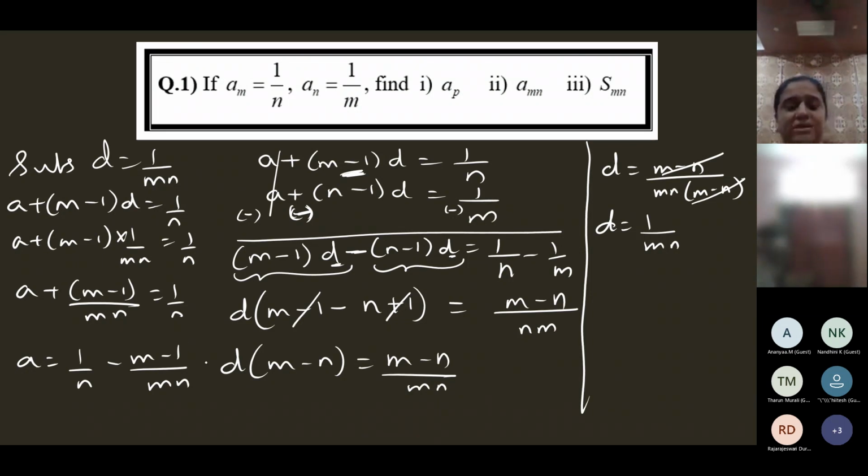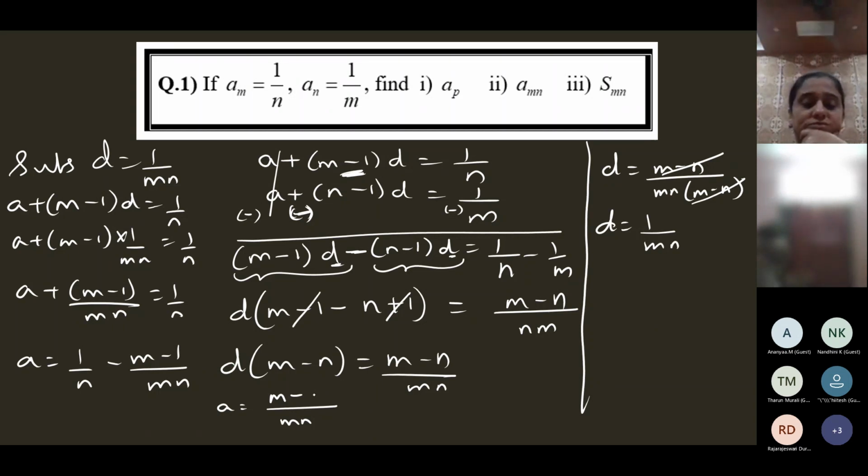Correct. What's the LCM? Mn, that's all. Mn is the LCM. So what do you get here? The numerator? What's the first term? M? Yep. m minus 1. Tell me the signs correctly, Priyanka.